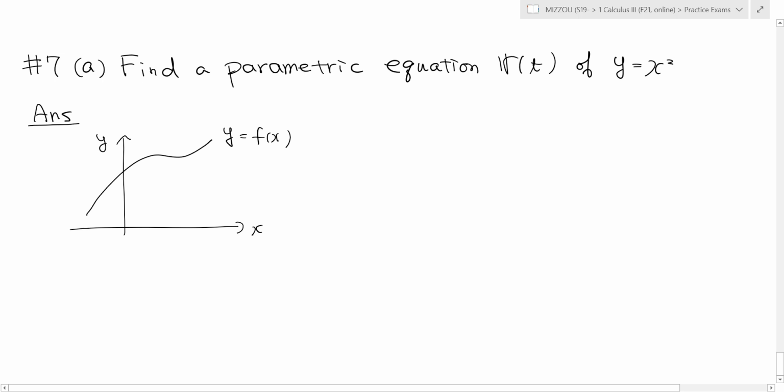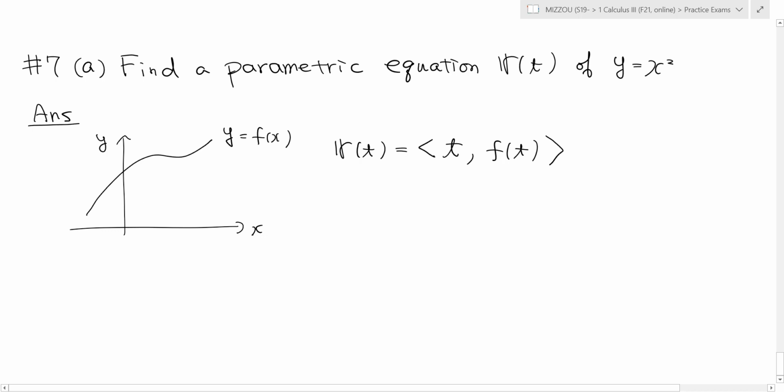And then there's a canonical way of parameterizing this curve, namely you use x as your parameter, namely t is equal to x, or x is equal to t. So x is t, and then for each, if x is t, in order for you to be on this curve, your y value has to be f of t. So this is the canonical way of parameterizing a curve given by y is equal to f of x.